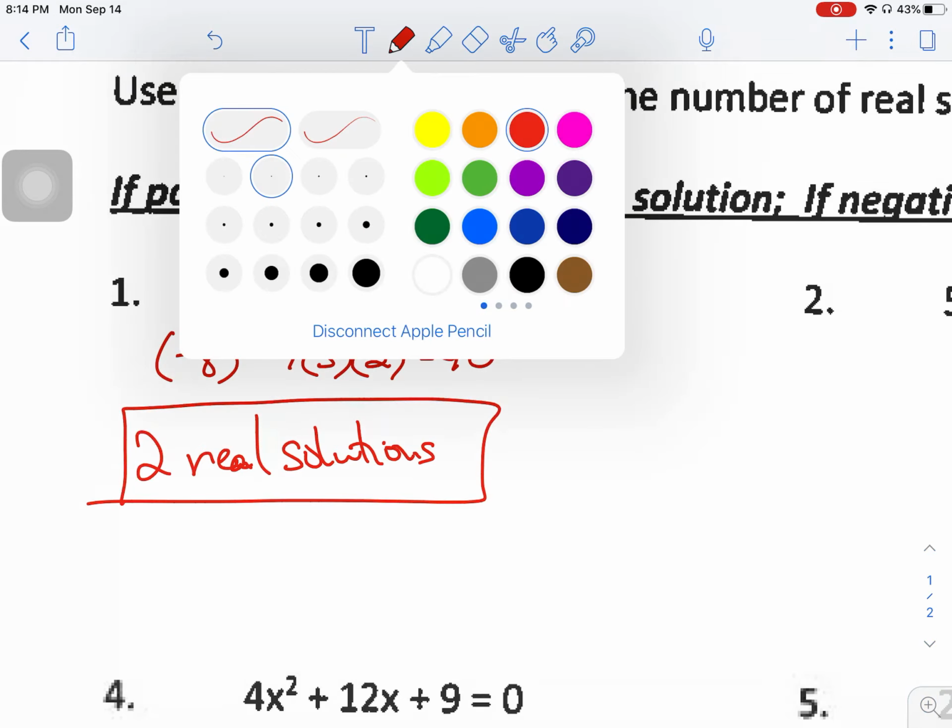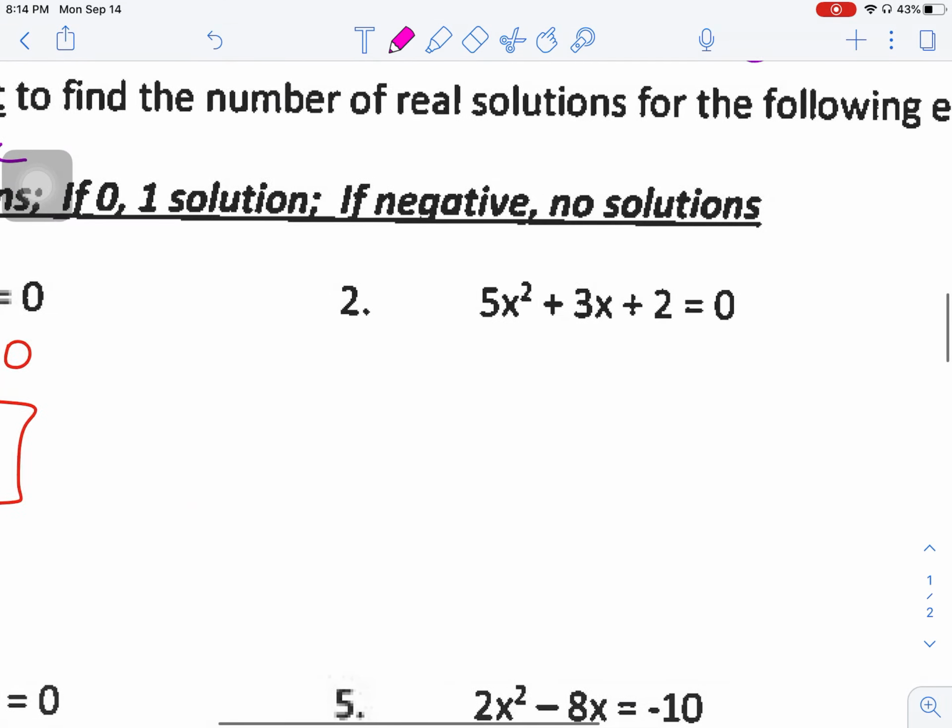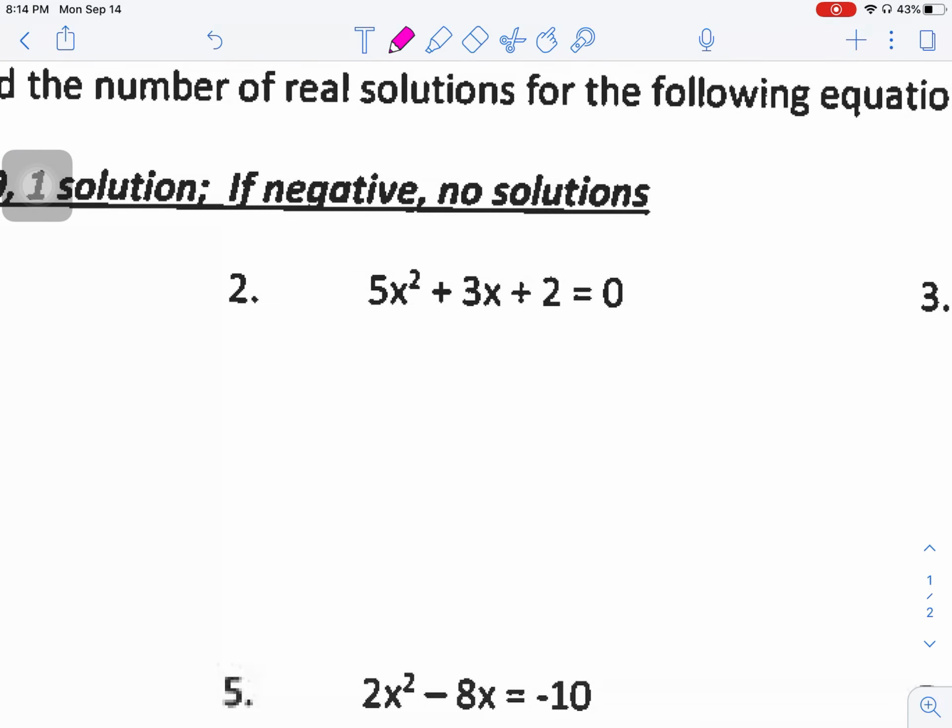So let's see what the next one has in store for us. Problem number 2. It's in standard form again. Love that setup. So I'm going to use b squared minus 4ac. Again, directly into your technology of choice in terms of figuring this out.